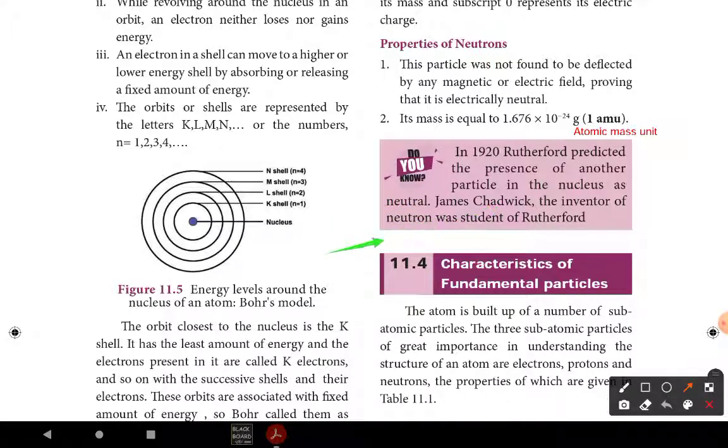The neutron was discovered by James Chadwick, and the special thing is he was a student of Rutherford. So James was Rutherford's student. He thought, let us find out what my master said, and did a lot of experiments. Then he discovered the neutrons.